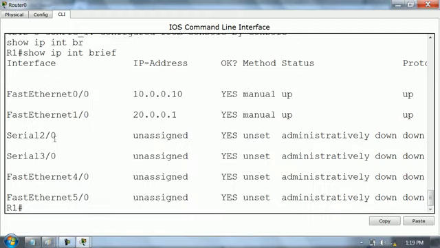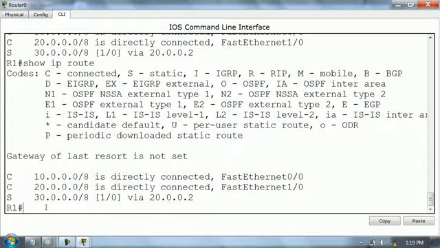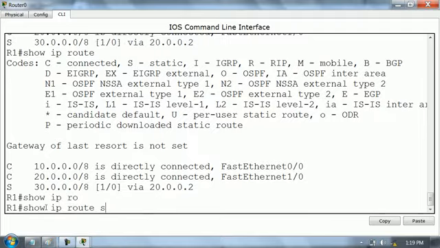Same is the case with R1. Show IP route. Next stop is. Now guys, if you want to check only static routes in the routing table, what you want to check? You can run the command show IP route static.